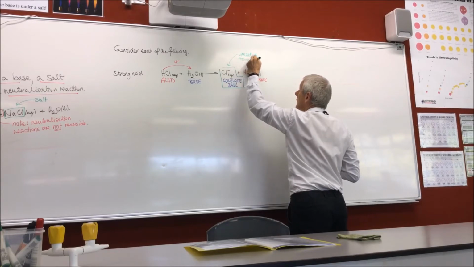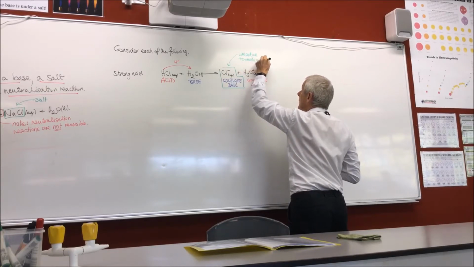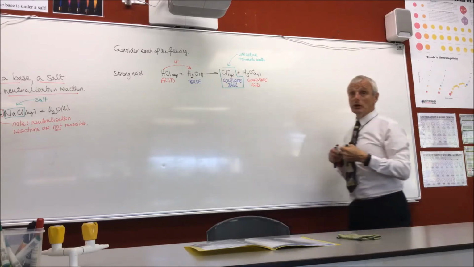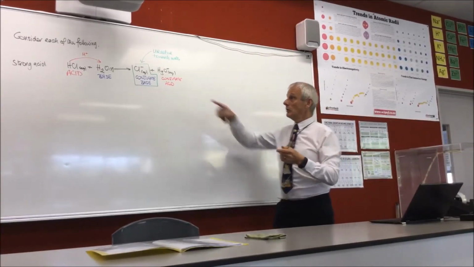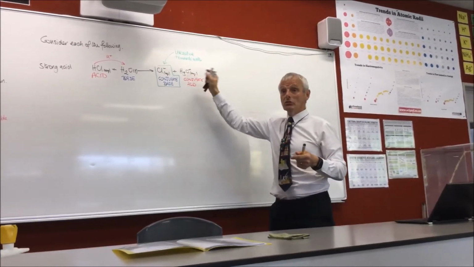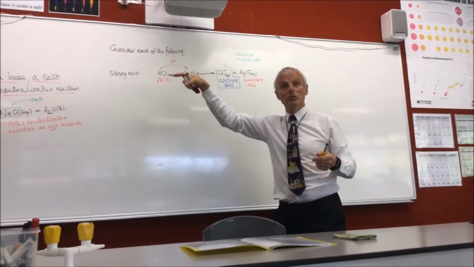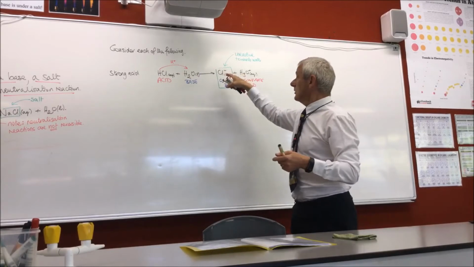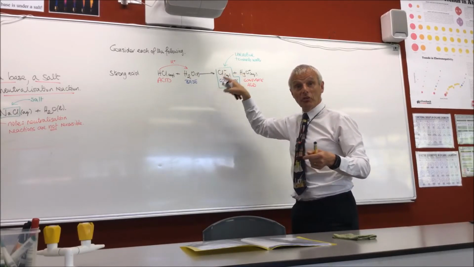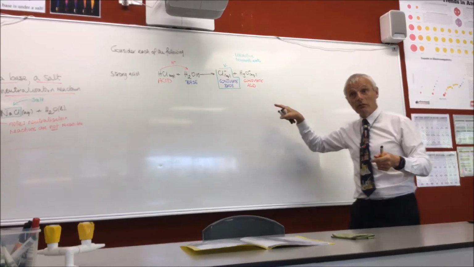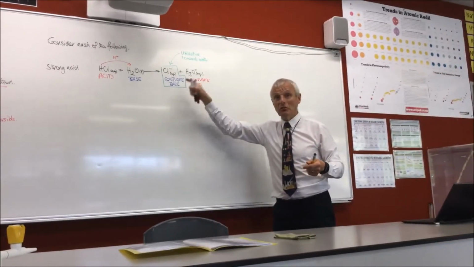How do you know that it's unreactive towards water? Because otherwise it would be a reversible reaction, and it's not. We know that this will always donate a proton back because it does it with weak acids. So it must be this thing that's not reacting. It's still the conjugate base, but it's an unreactive one.